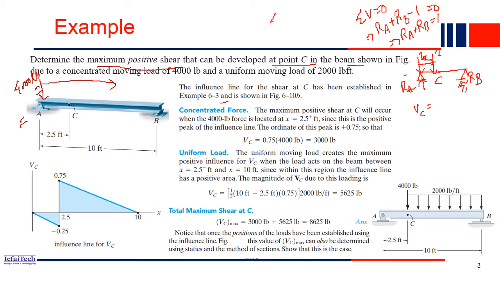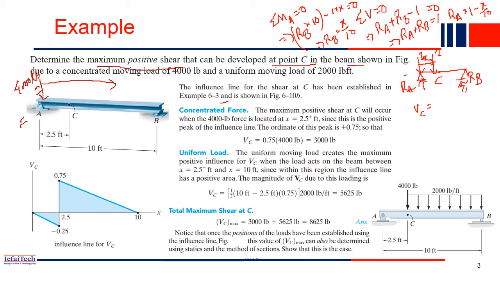Next we'll apply the summation of all moments about A equal to 0. So from here what will you get? You will get RB into the distance. The total distance is 10 feet given to us, right? Taking moment about A, we get RB times 10 minus 1 into x equal to 0. So from here RB equals x by 10. Then RA will be 1 minus x by 10.